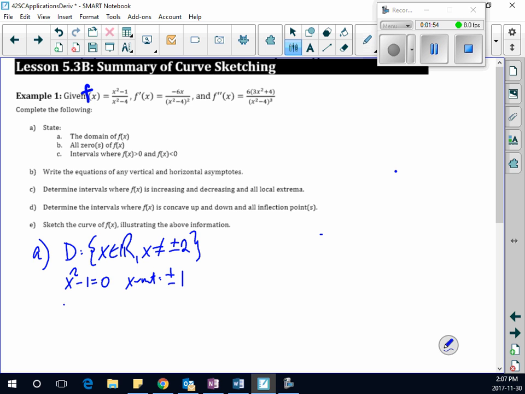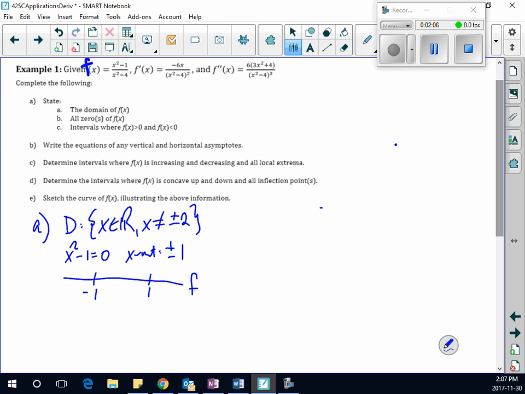So we're going to label f, and put -1 here and +1 here. Again, this is all grade 12 review. You might want to factor this just to see it better: f of x equals x minus 1, x plus 1 over x minus 2, x plus 2.